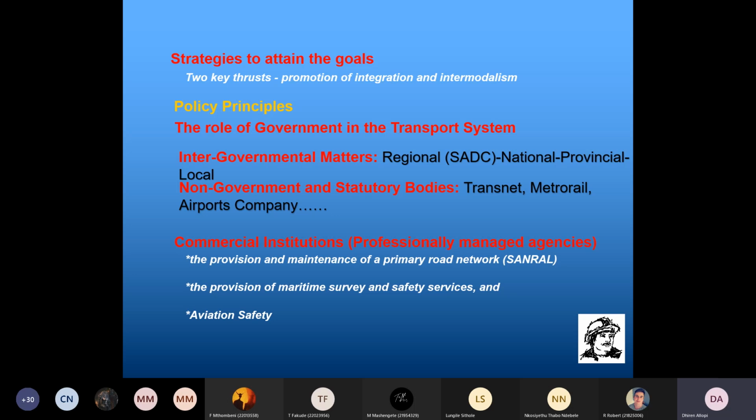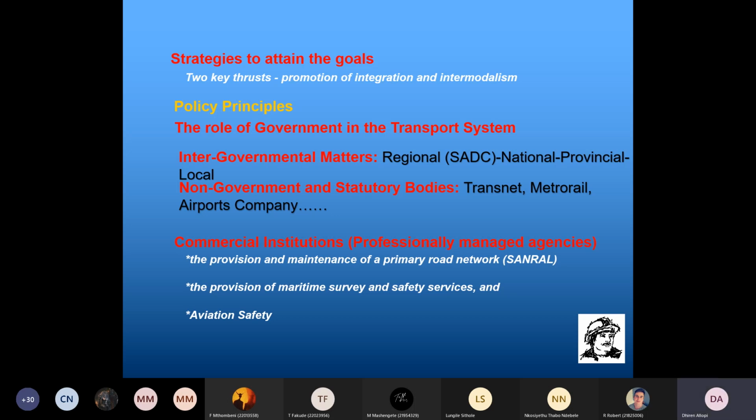With regard to policy principles, you will find in your notes, and you need to go and highlight this information, the role of government in transport systems. You'll see that your national government plays quite a large role, but at the same time also delegates powers to different authorities, different bodies.